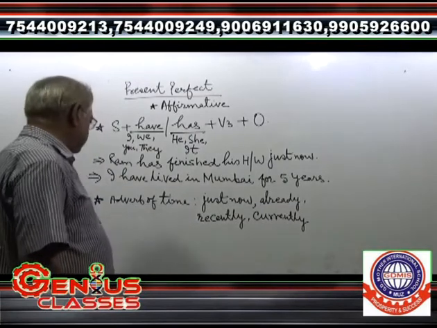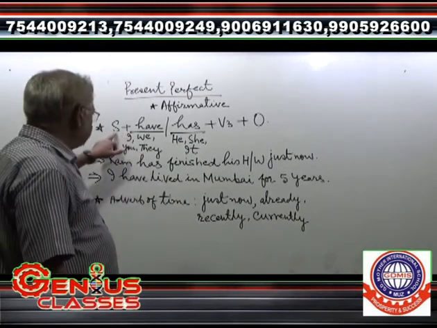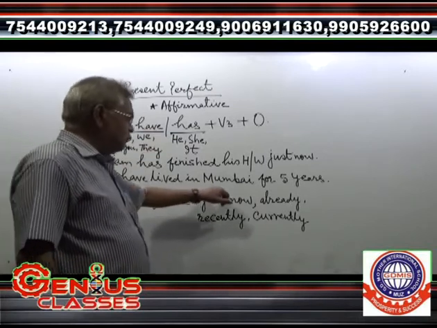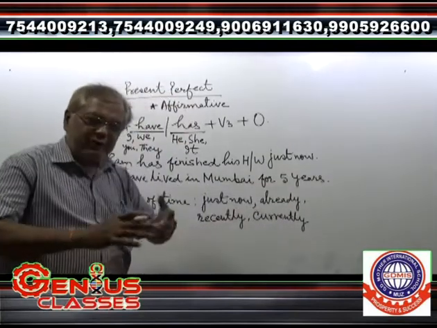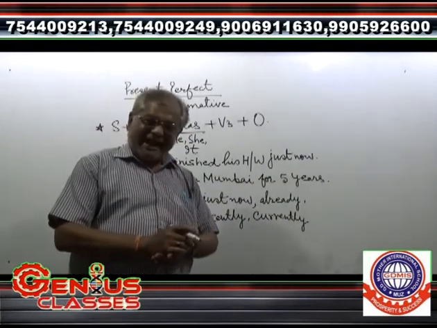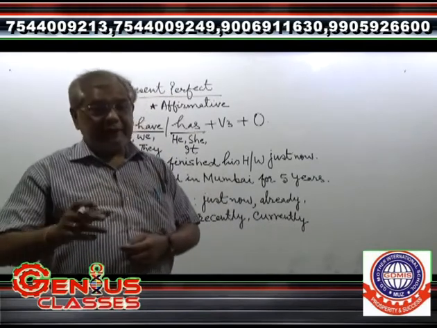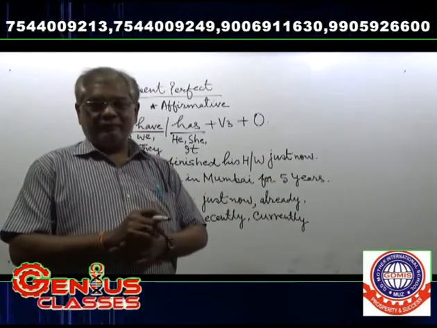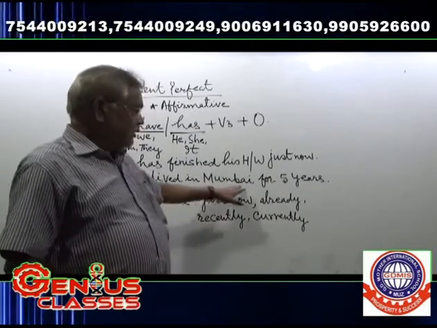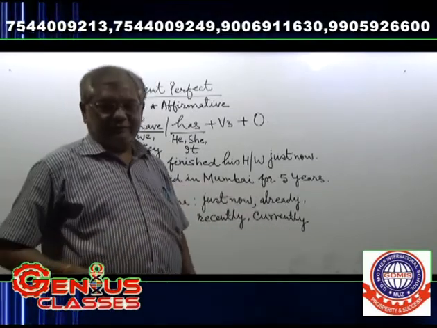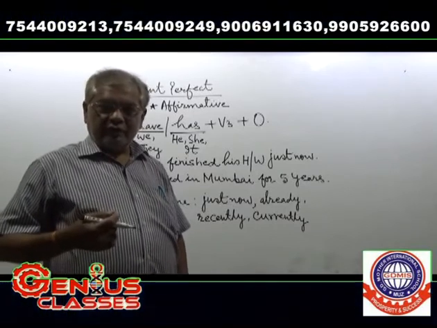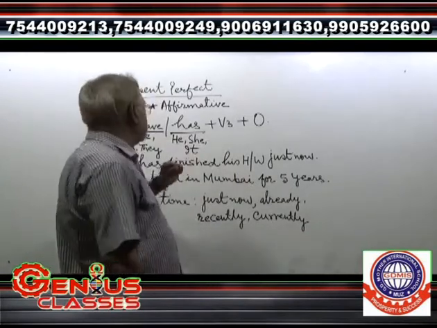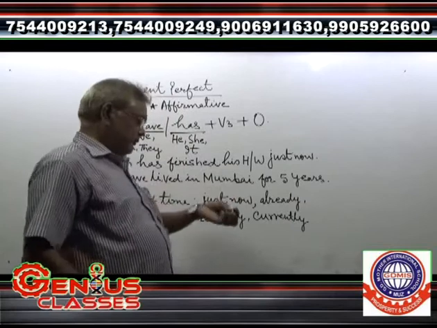The subject is I, so "have" is used. What does it mean? It means that I am still living in Mumbai, I have not left. So this is a continuous action that is going on. The sentence can be expressed like this also in terms of the present perfect tense.